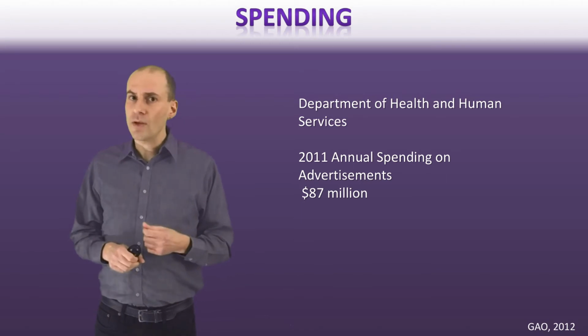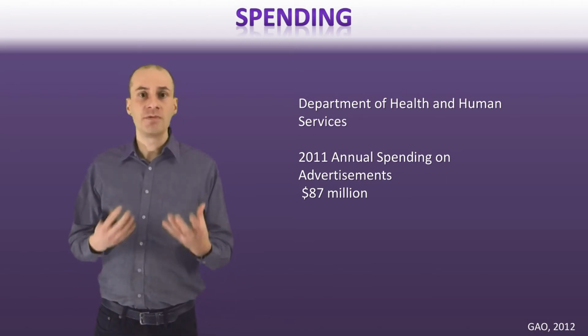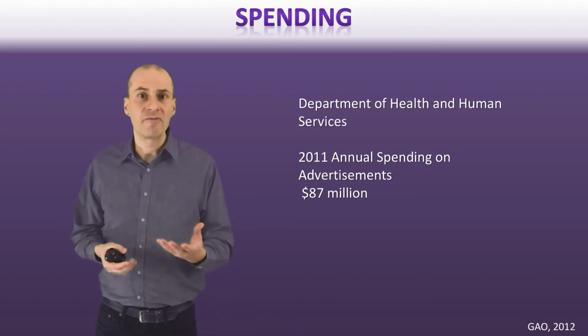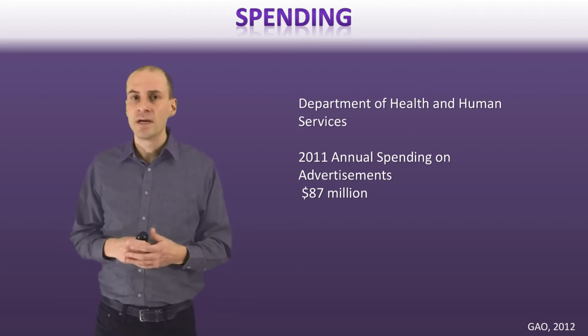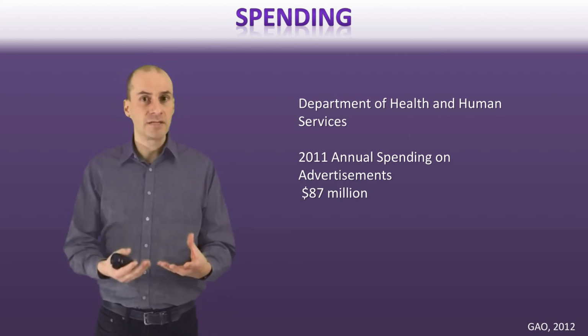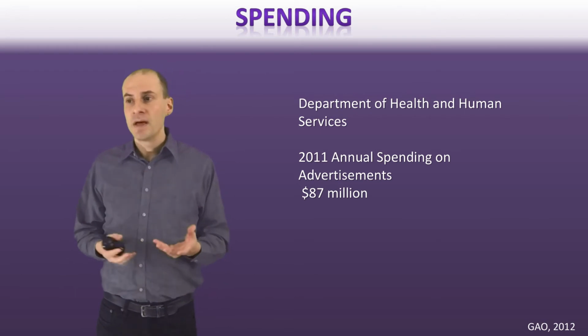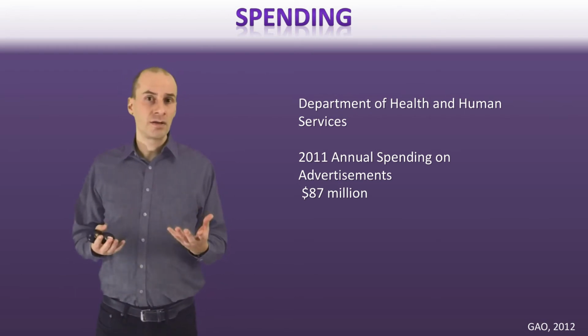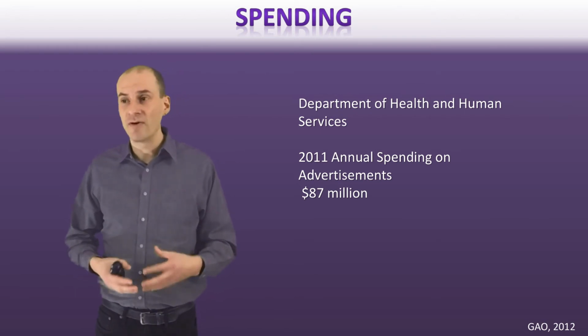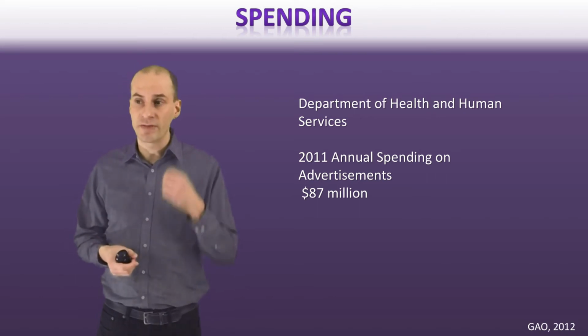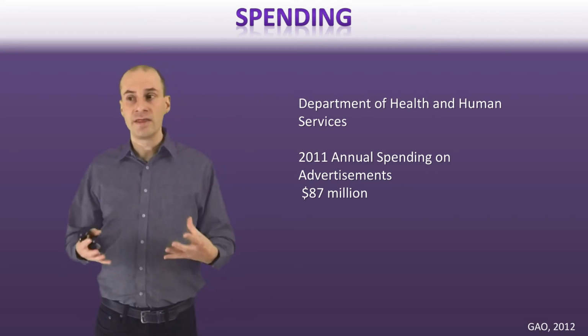Now, when we think about advertising and communication about health, I mean, smoking is a great example of this. We do often think about these public service announcements. When we think from a governmental level, this very often is funded through the Department of Health and Human Services and their funding.